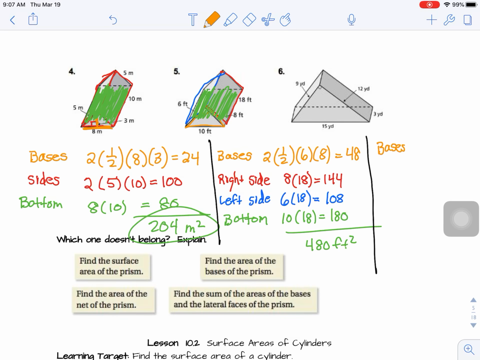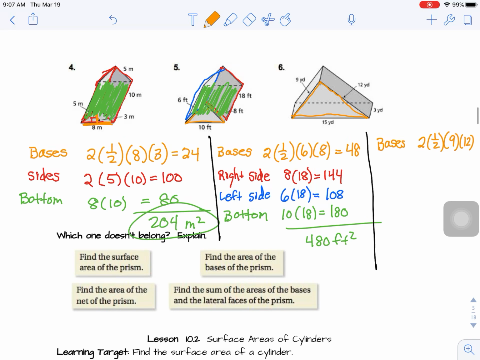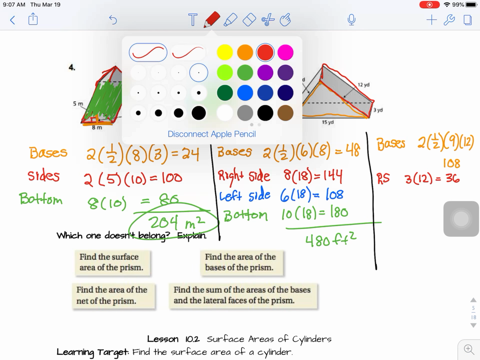All right, so again, I'm going to start by looking at the bases, which are my triangles. Here we have two of them. 1/2 times 9 by 12, which gives me a total of 108. We'll just keep our colors. If I look at my right side, that is 3 by 12, which is 36.